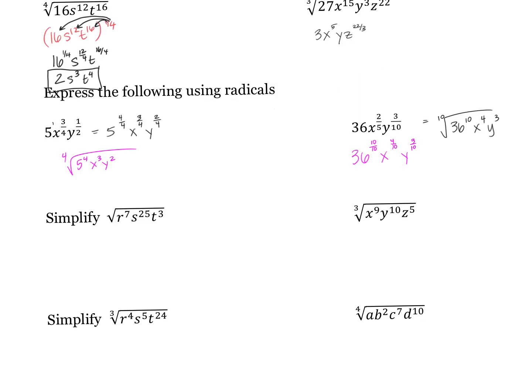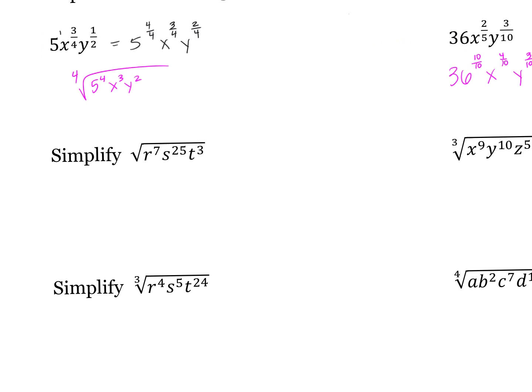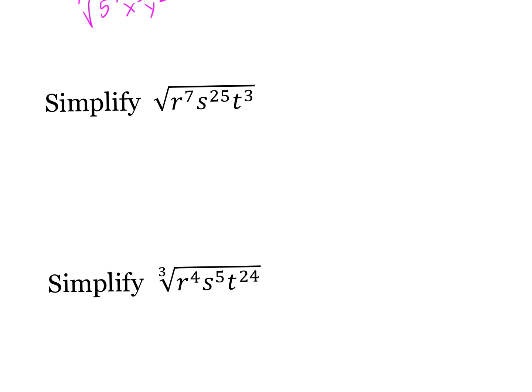This, in my opinion, is a little harder. Now, I didn't tell us what to do. They just want us to simplify. Meaning, I've got a square root here. I want to take anything out that I can. If I've got 7 r's under here, square root means I need groups of 2. How many groups of 2 would I have of 7? 3. 7 divided by 2 is 3.5, right?